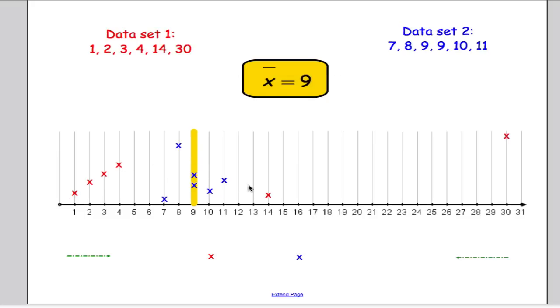So now I can see all my data points are on this grid here, and if we look closely we can see just how far away these data points are from the mean.